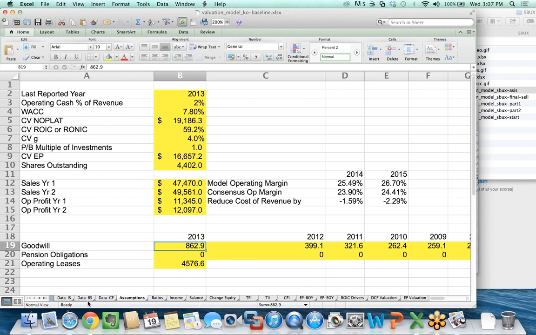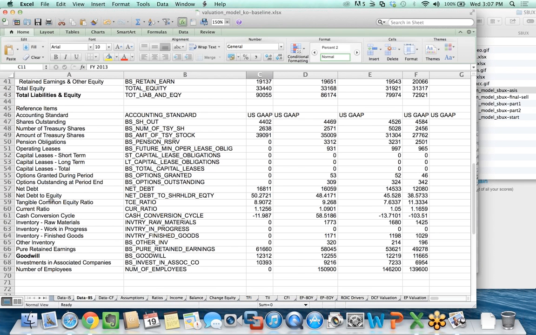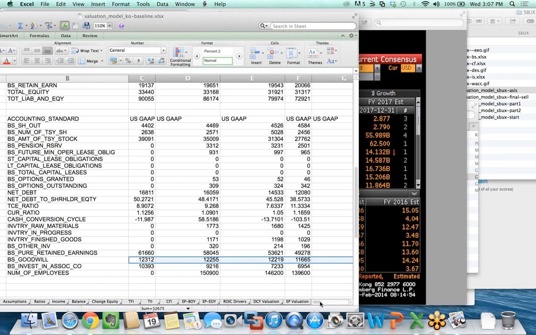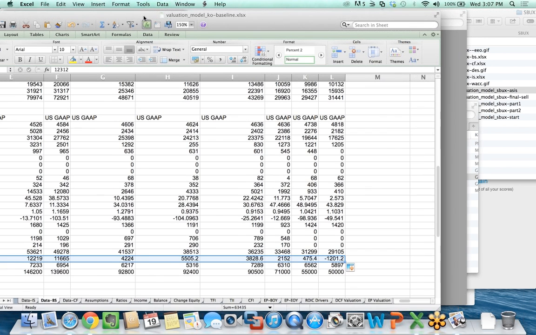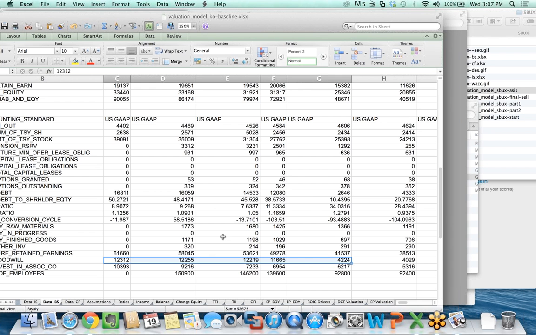So the first is goodwill. For goodwill, which is in this model on row 67, and in the assumptions tab, I've mapped it so it goes from left to right, current year on the left, previous year on the right. So copy the historical goodwill data for Coke. Actually, make sure I paste that correctly.